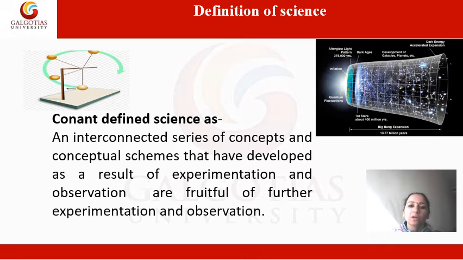With the help of another definition that is given by Conant, we can better understand the meaning of science. According to Conant, science is an interconnected series of concepts and conceptual schemes that have developed as a result of experimentation and observation, and are fruitful of further experimentation and observation.